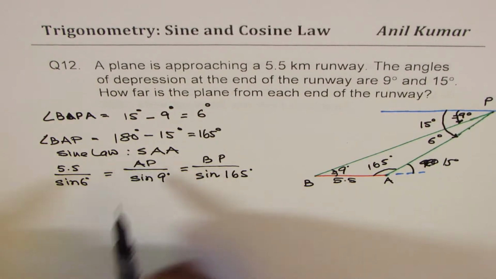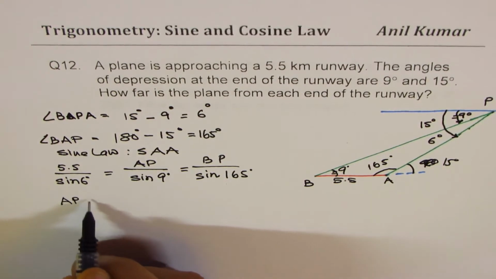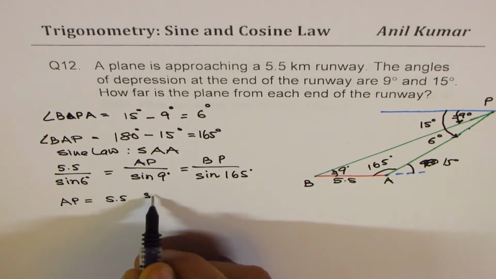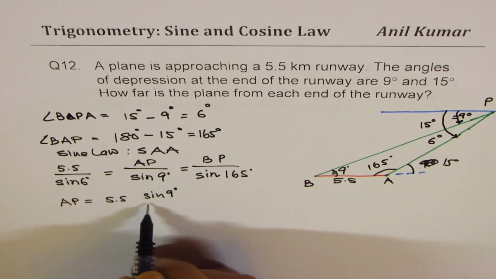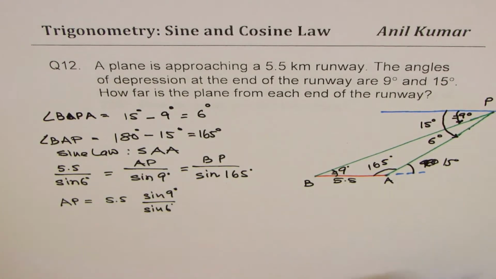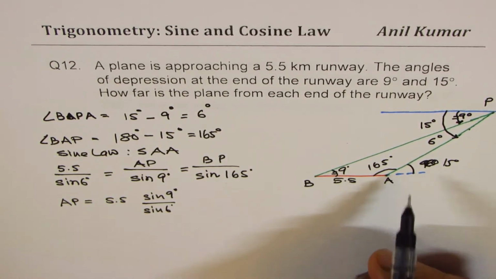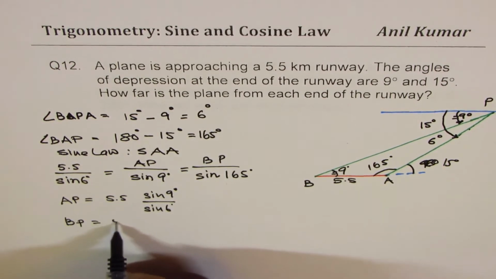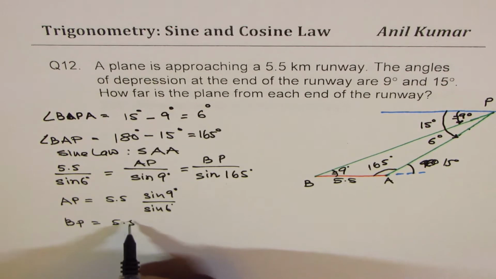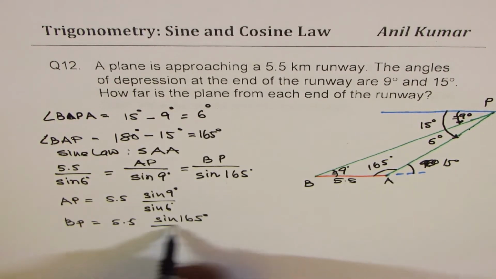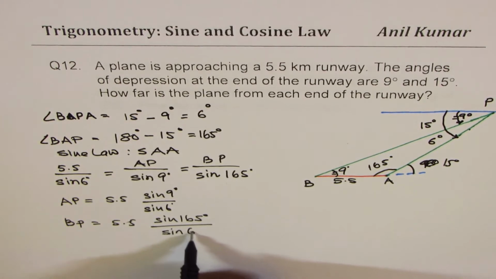So we can find both now. AP is equal to 5.5 times sine of 9 degrees divided by sine of 6 degrees, and BP is equal to 5.5 times sine of 165 degrees divided by sine of 6 degrees.